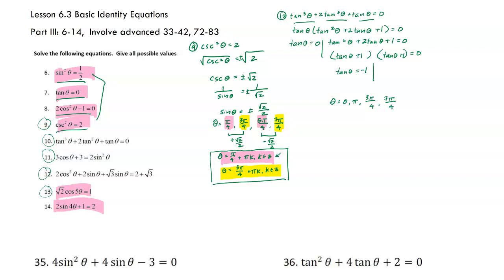Okay. Once again, I could just make two equations for tangent. These two with a pi distance between them, and these two. So theta equals 0 plus pi k, k is an element of all integers, or 3 pi over 4 plus pi k, k is an element of all integers.